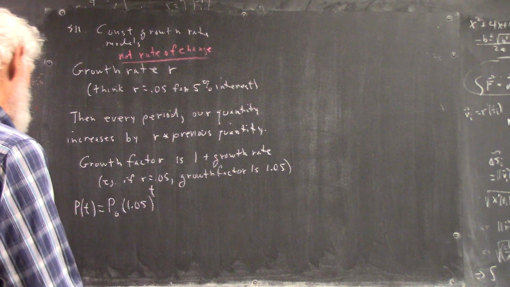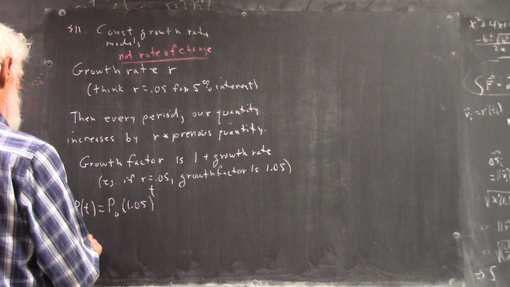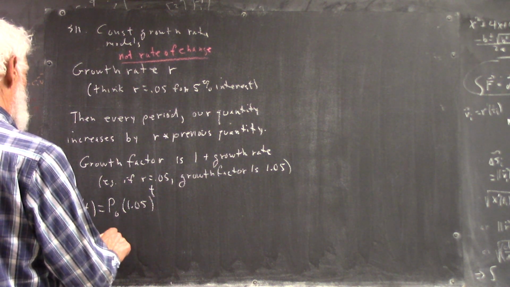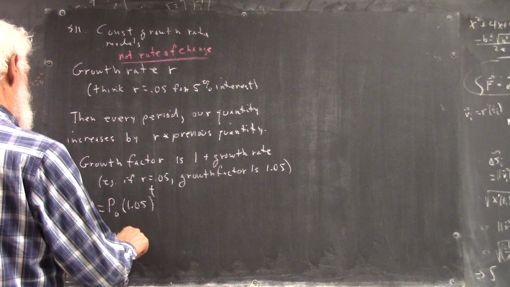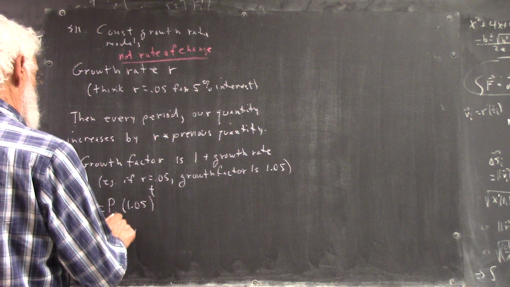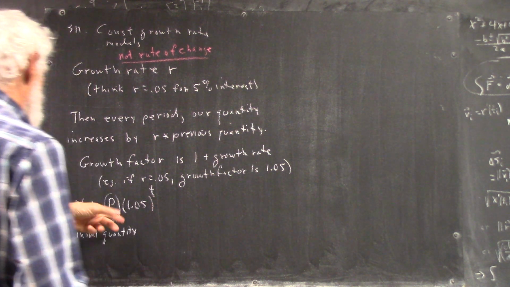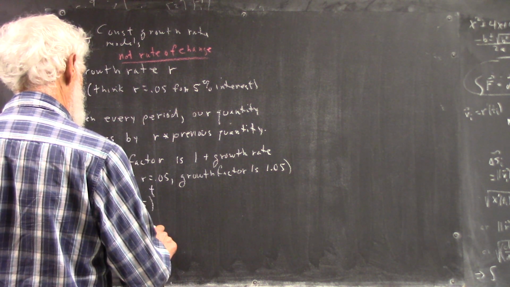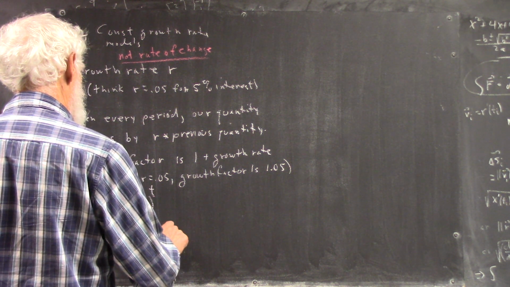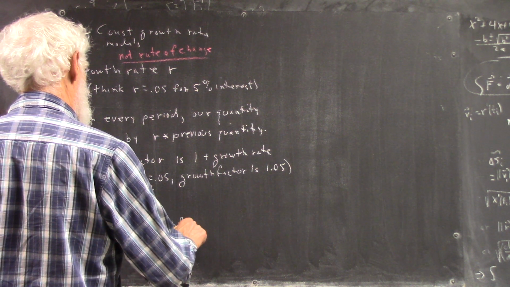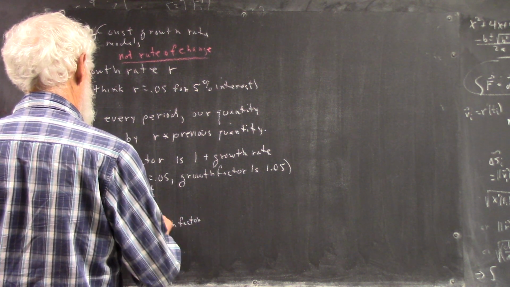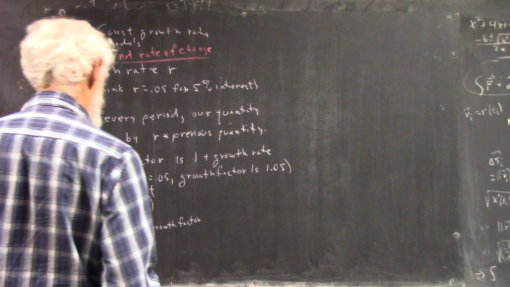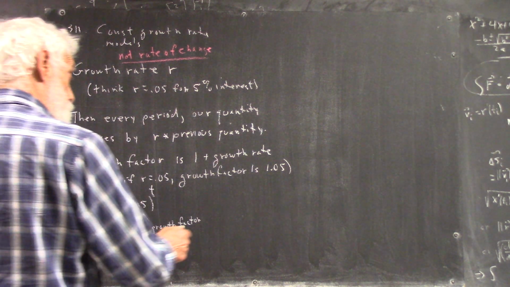And this is nothing but your initial quantity, which is, in this case, P naught, times the growth factor raised to the t power. This is an exponential function.